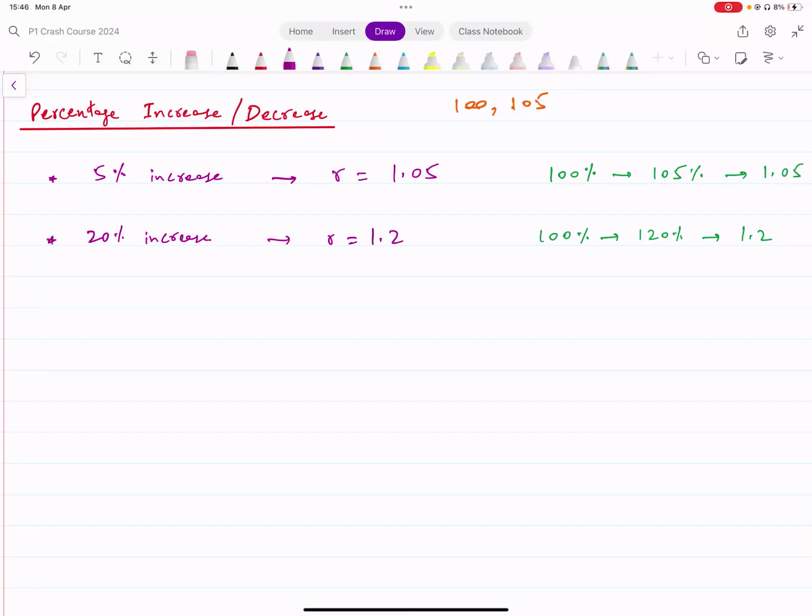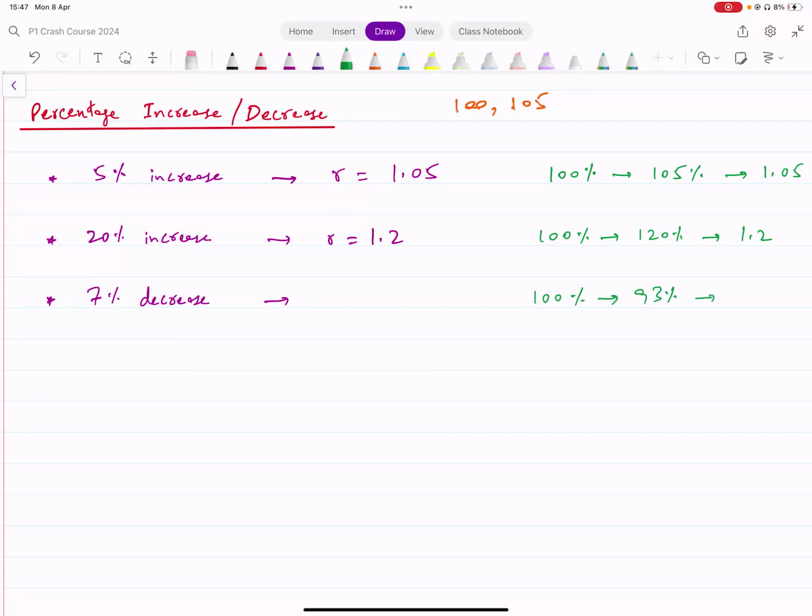Similarly, you could have a decrease as well. If you had, for instance, a 7% decrease in something, if something was decreasing by 7% every single time, how do you think about this? Again, start from 100%. From 100%, if you decrease 7%, what do you get? 93%.